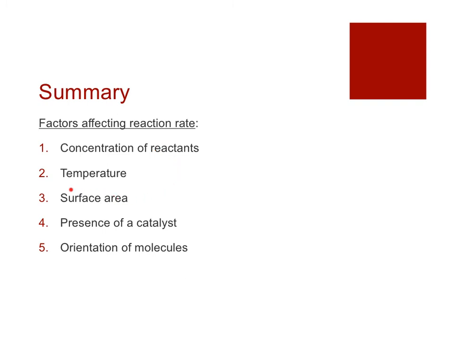If I have more surface area, I have more exposed particles to collide. We mentioned and looked at things where we said orientation matters, where they have to hit the right way. Sometimes if they don't hit the right way, they won't react. And then we say the presence of a catalyst will speed up reactions because it actually lowers the activation energy. So this is collision theory, some of the variables that we might be asked to explain.